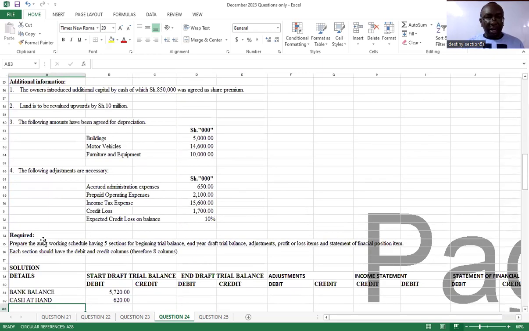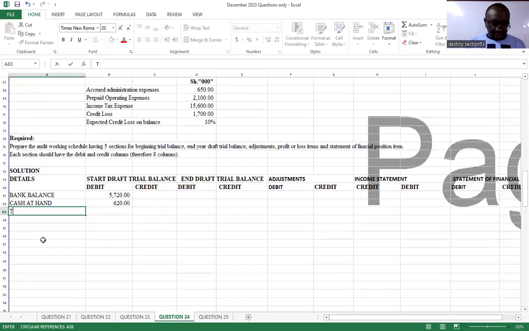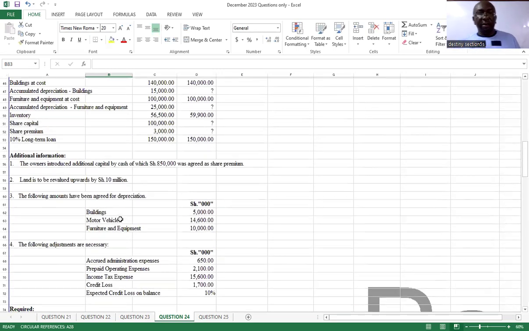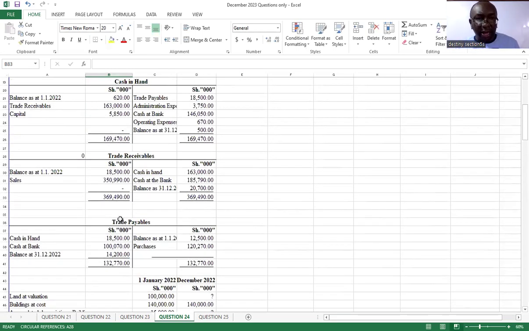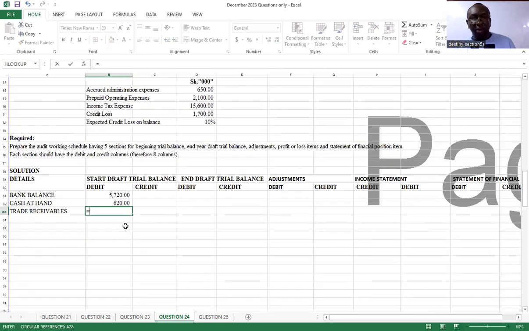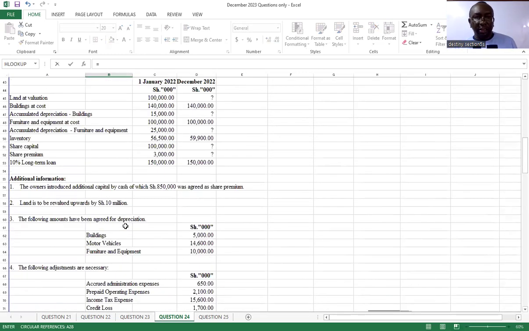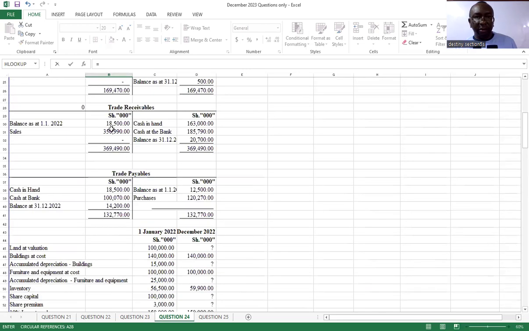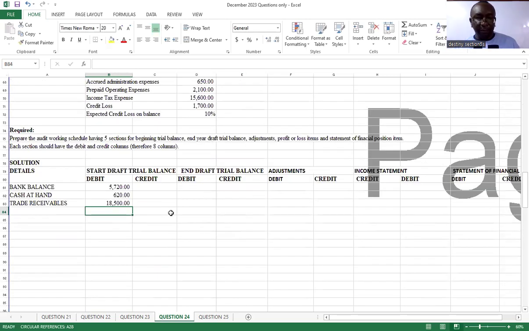So we come here and record trade receivables. Trade receivables also have a debit balance. So we are going to say should be equal to this amount in the trade receivables. This one, you enter there.